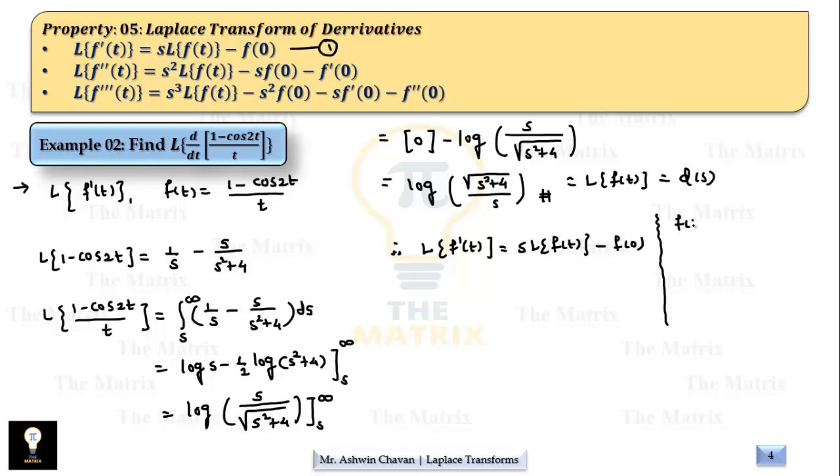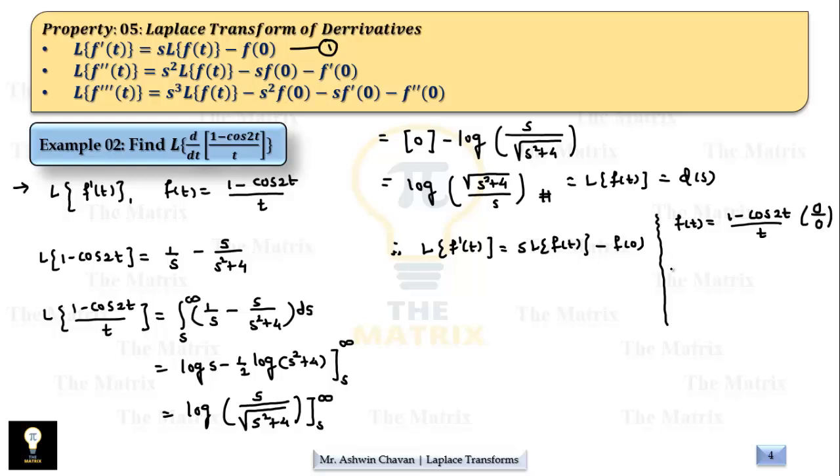We have f of t given to us, that is (1 minus cos 2t) upon t. When we apply t equal to 0, we get 1 minus cos 0. Cos 0 is 1, so 1 minus 1, the numerator is 0 upon 0, an indeterminate form.